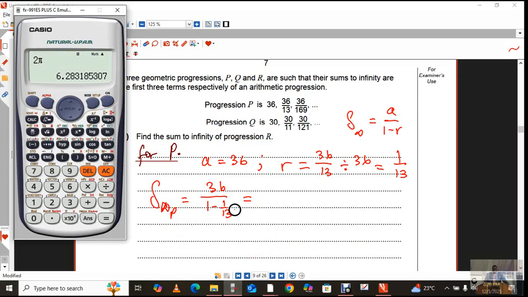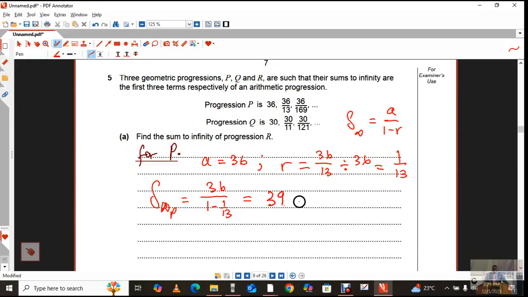Okay, you can grab your calculator, so let's see what it is. So it's going to be 36 over 1 minus 1 over 13. Okay, that is 39. So the sum to infinity, that is 39.